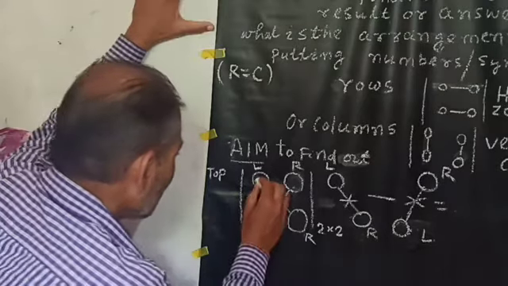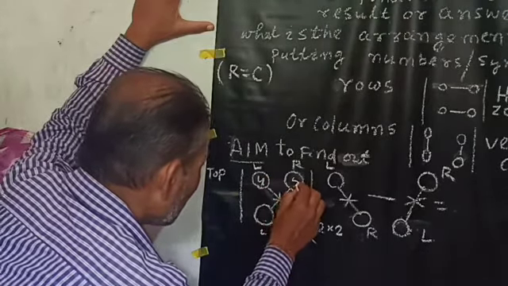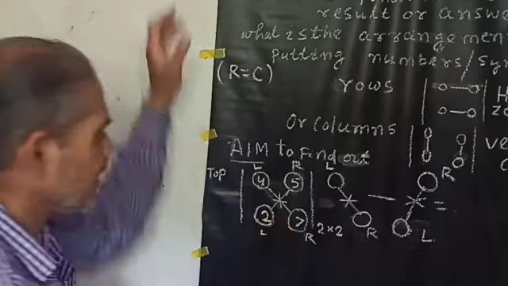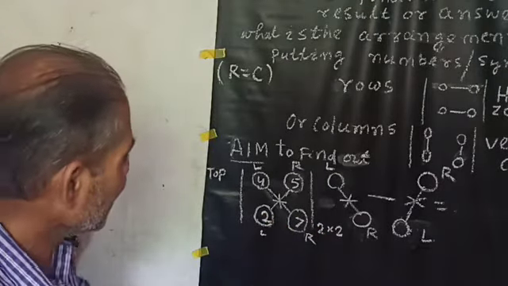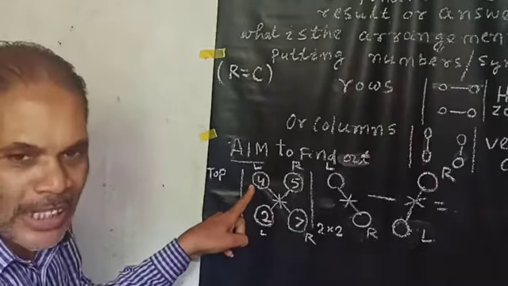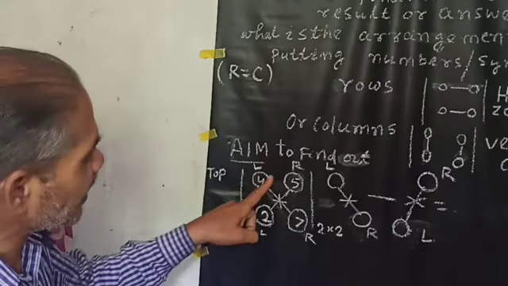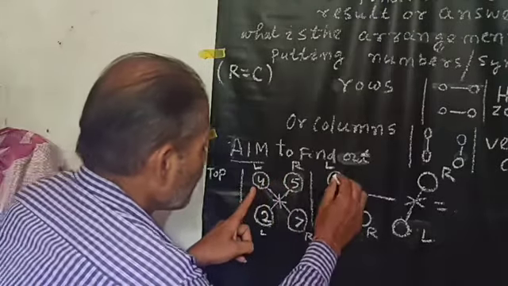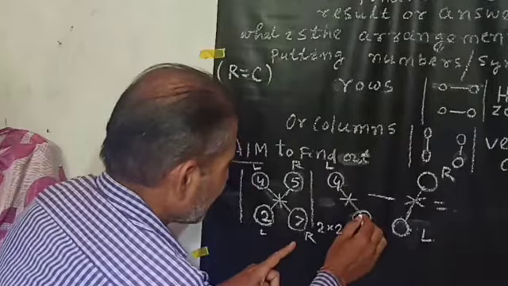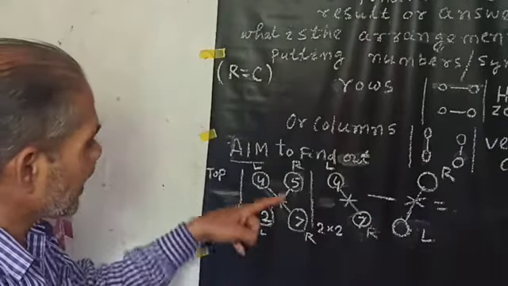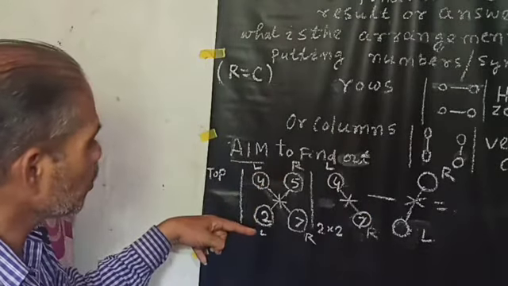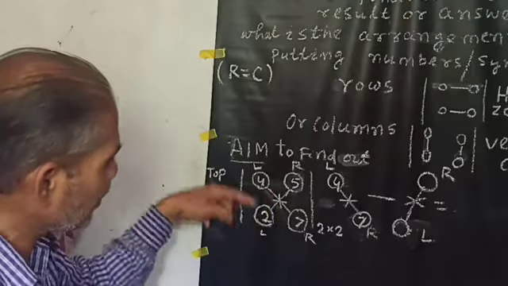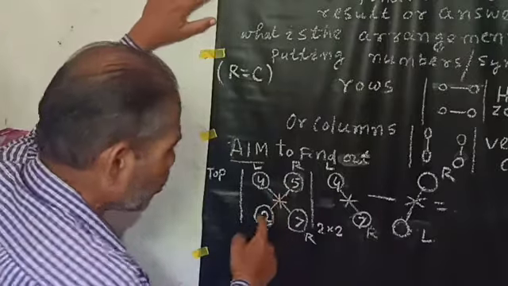Suppose 4, 5, 7, 2 are there. Starting from top left, and that is top right. Top left 4, then 7, then 5, 2.